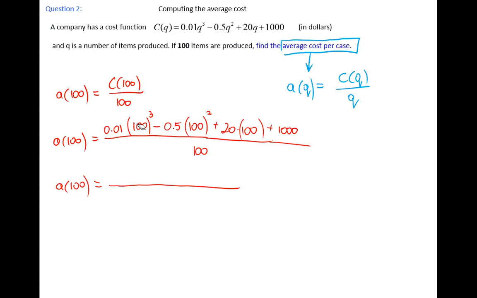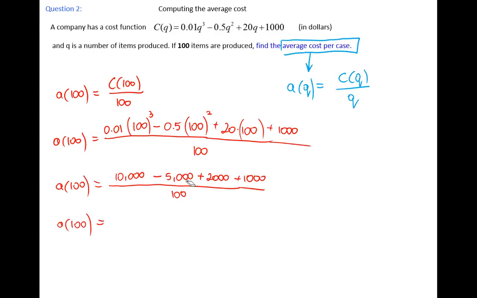This is 100 to the power of 3, so we will have 6 zeros, 100 times 100 times 100, and multiply by 0.01, we have 10,000. And then this one will be 4 zeros times 0.5, which is 5,000. I'm always operating by zeros. This is simply 2,000 and plus 1,000. Wow, actually, we don't even need a calculator.